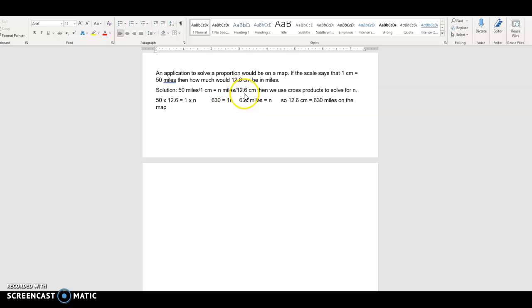So I go 50 times 12.6 is equal to 1 times n. Do my math. So 12.6 centimeters is 630 miles. Just remember, whatever goes on top on the left is also on top on the right. Same thing on the bottom on the left, and same thing on the bottom on the right. You have to set up a proportion in this example.